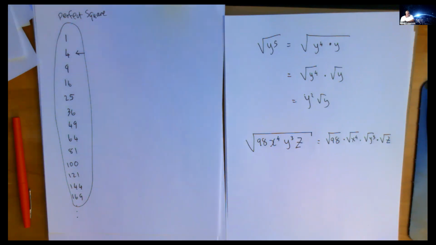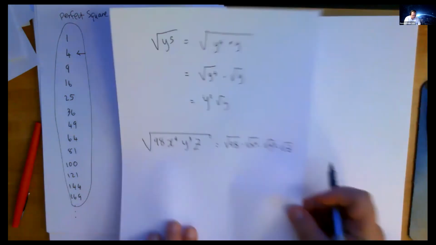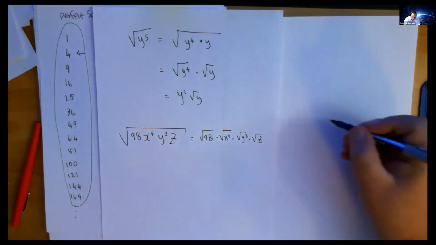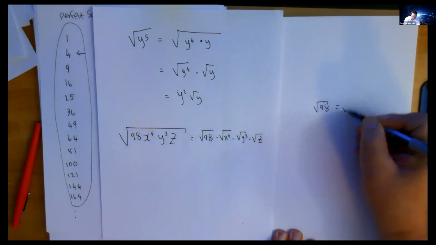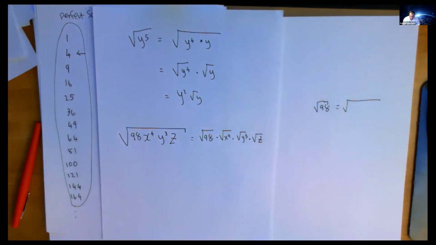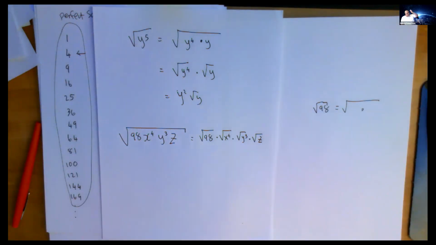Break them into their separate bits, their separate square roots, and then work on each one separately. Let's look at how to deal with that guy. Don't I need two numbers, one of which must be a perfect square, that gives you 98? Which guy does a 98?